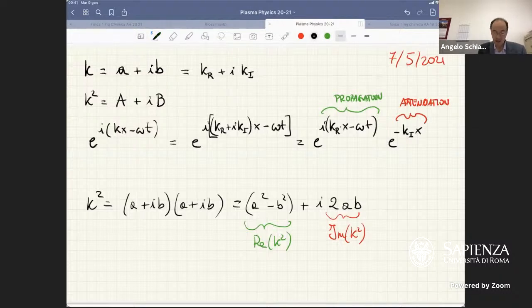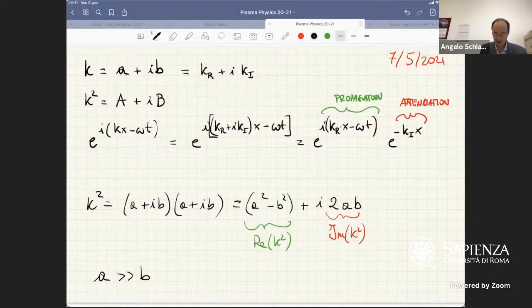Now, if the real part of k, a, is much larger than b, and we will check in our derivation that actually this is the case, then we can neglect terms of the order of b when they are confronted with terms of the order of a.